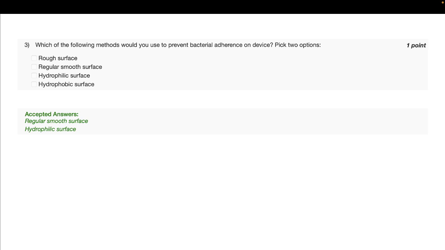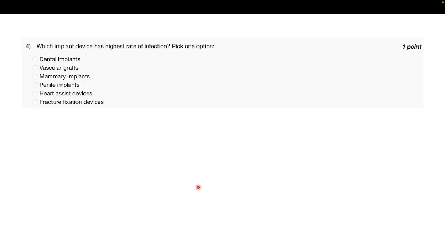Okay, then I'll move on towards the next question. Next is, which implant device has highest rate of infection? We have to pick one option. Anyone?